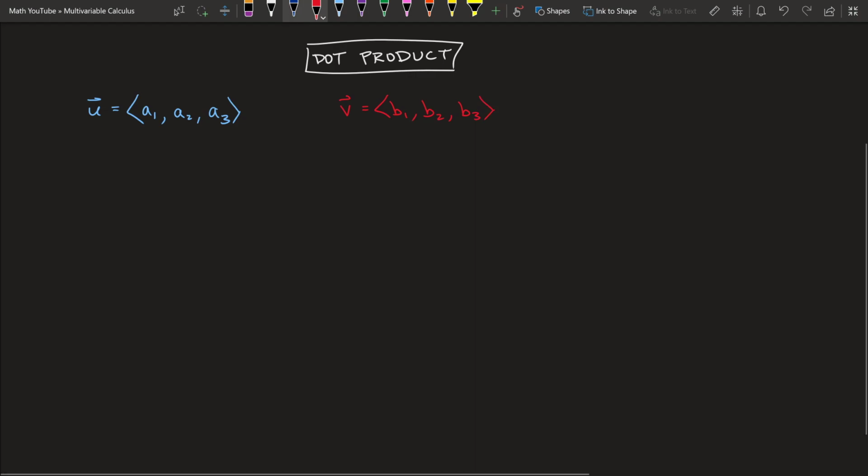The dot product of u with v, the way you write that down is, I write u, and I put a little dot here. Now you might be thinking, oh, I'm used to doing this in multiplication, because in multiplication with normal numbers, this is the same as this, which is the same as this.